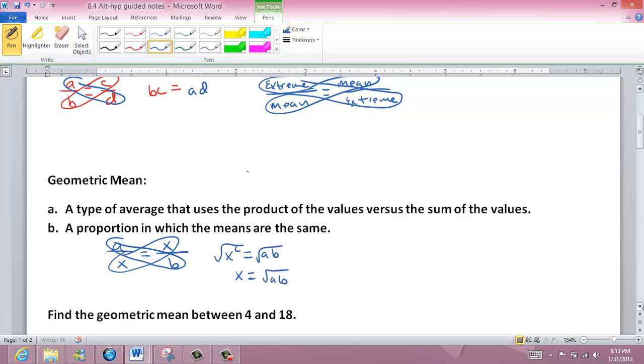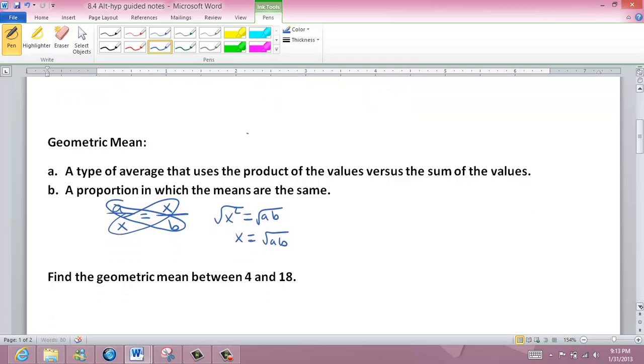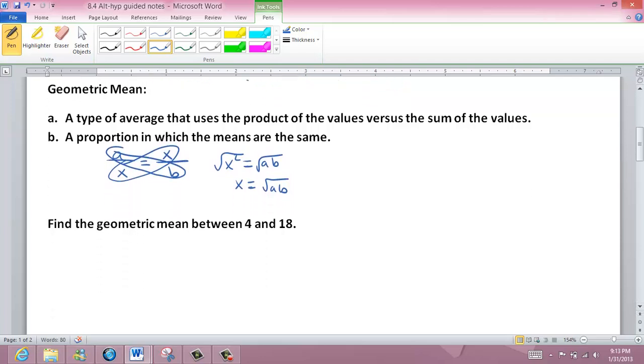Now, the example below actually asks us to find the geometric mean between the two numbers 4 and 18. Big thing here you have to note, 4 and 18 are going to be our extremes. We're going to let our variable X be our means.